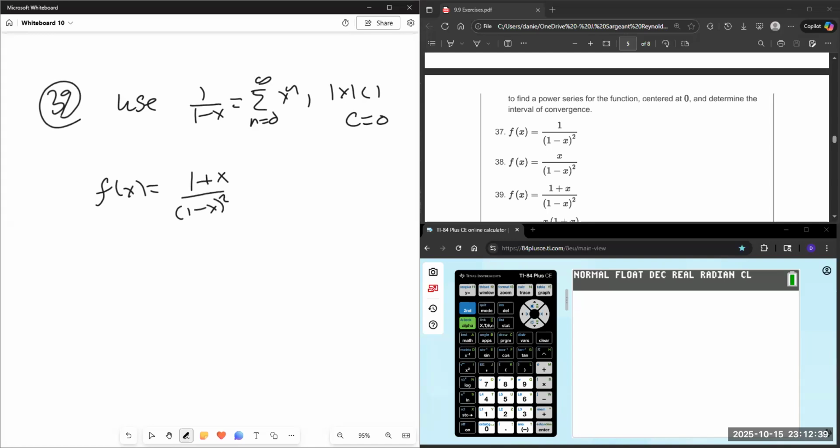And that's going to be equal to 1 over (1 minus x) quantity squared plus x over (1 minus x) quantity squared.